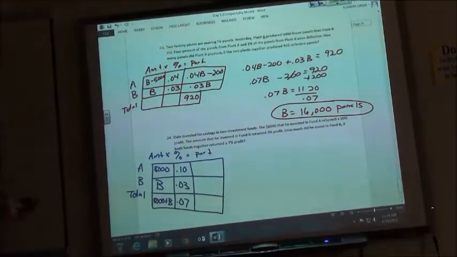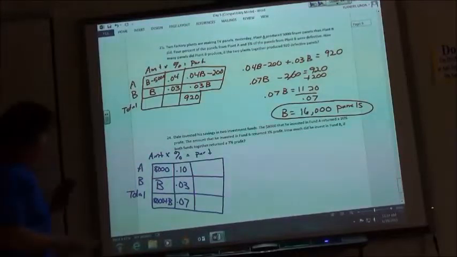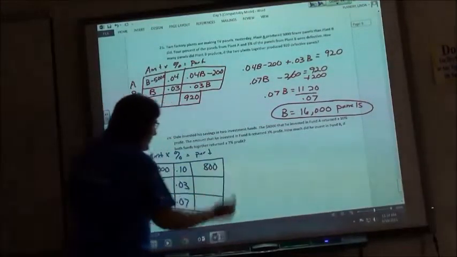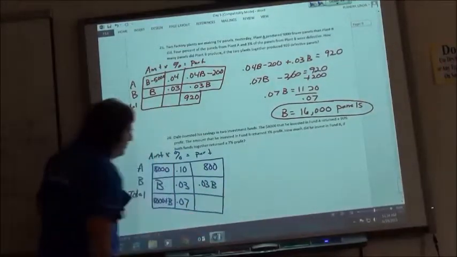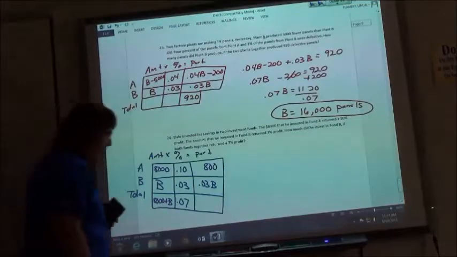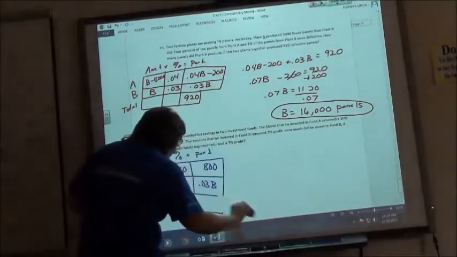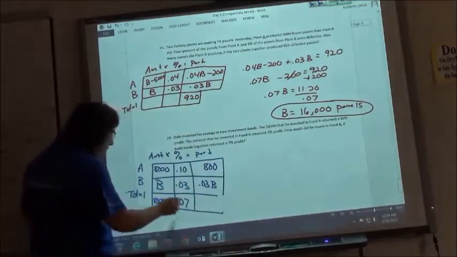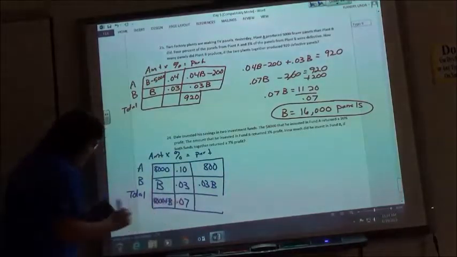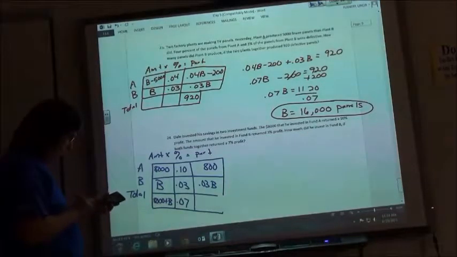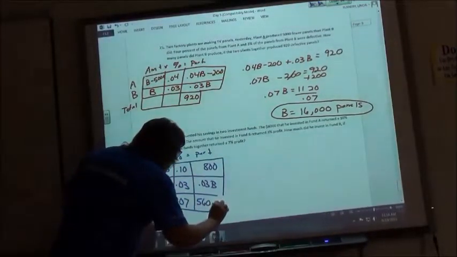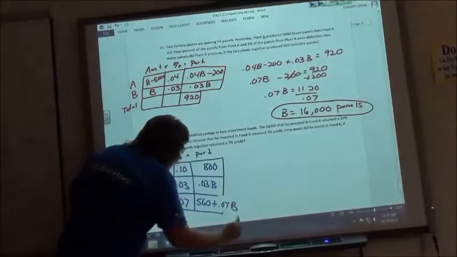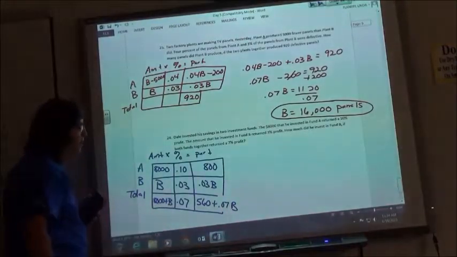So filling in our column, $8,000 times 10% means he got $800 in profit. Here we're going to have to take 3% times however much was in B. And again on the end I didn't quite make my box big enough because we're going to have to use our distributive property. 8,000 times 7%, 560, plus 7% of B, right, using my distributive property.